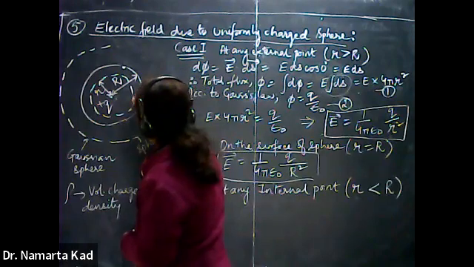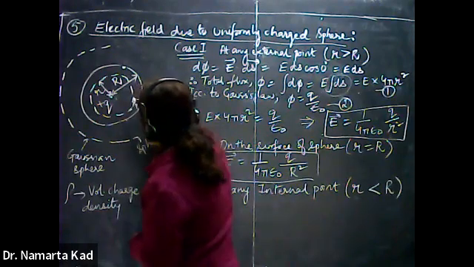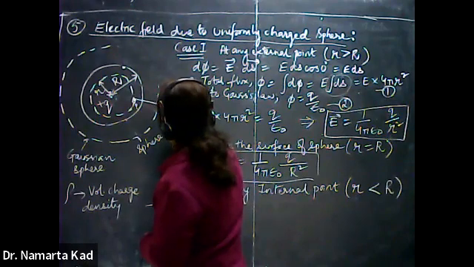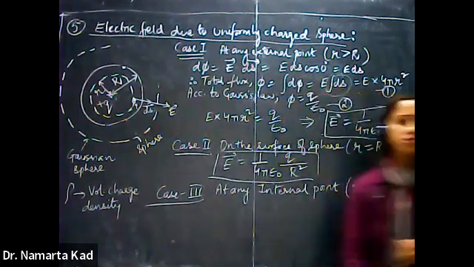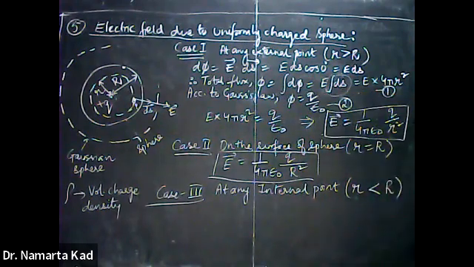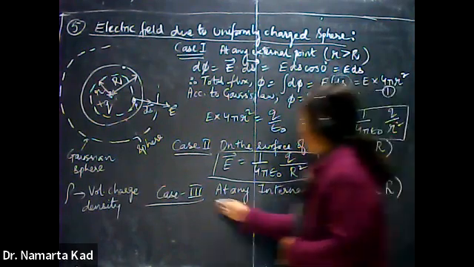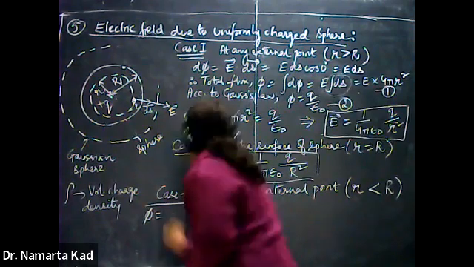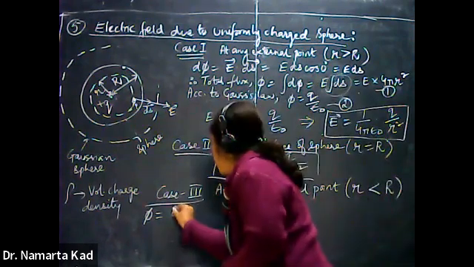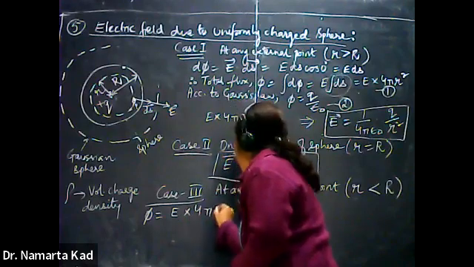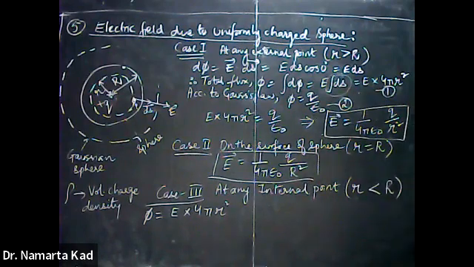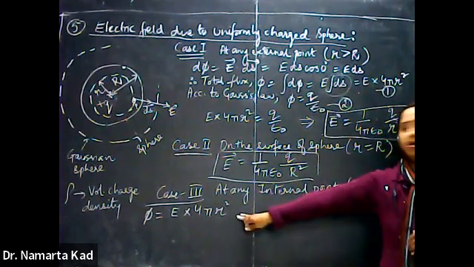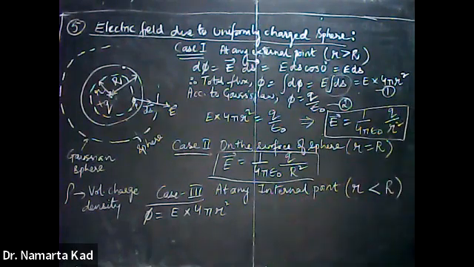If you take any point P here and mark the vectors, the E vector and ds vector are both pointing outwards due to the positive charge inside the sphere also. So here phi again comes out, as we have done here, phi is equal to E into 4 pi r square. Here I am using the small r, 4 pi r square, because this flux is calculated at the point P.